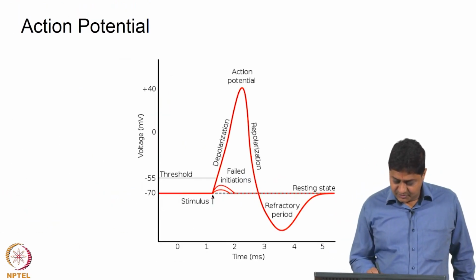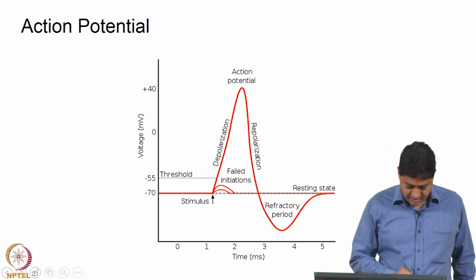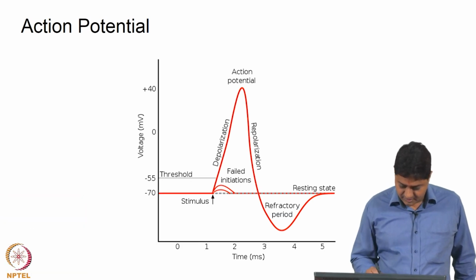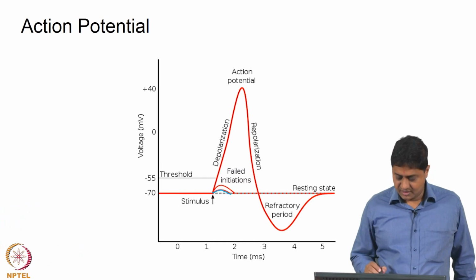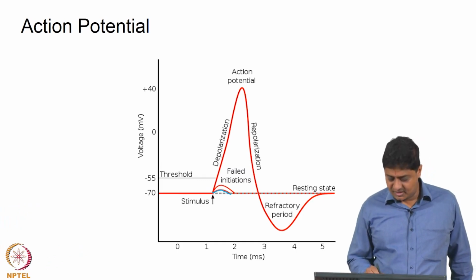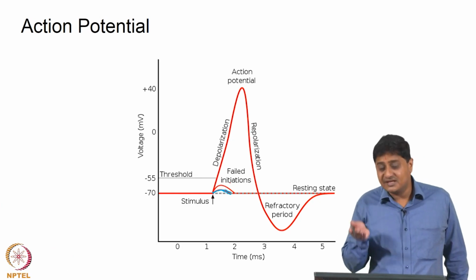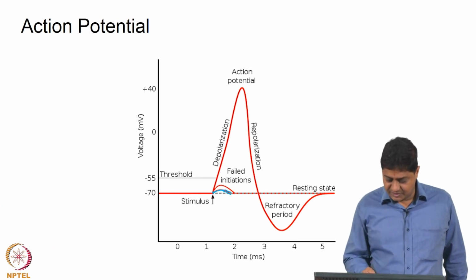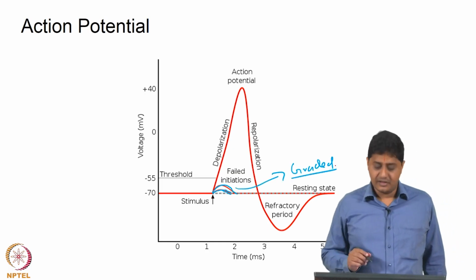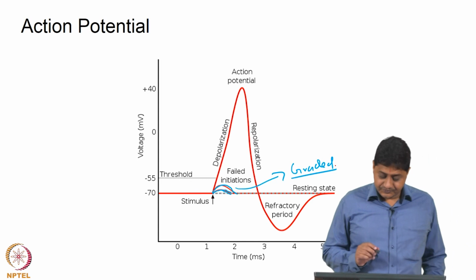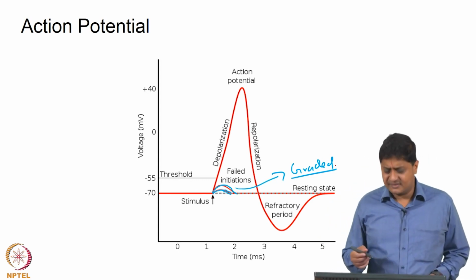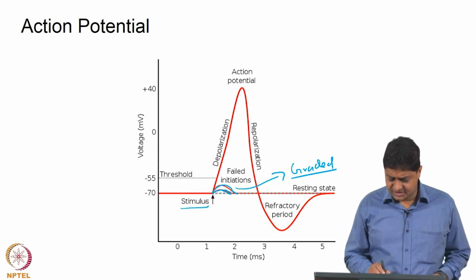Another example. Suppose a stimulus is applied here having a particular strength, and the response is of some strength. Suppose I increase the stimulus strength, then the response strength also increases. These are graded potentials. Now what are the kinds of things that could act as stimuli?